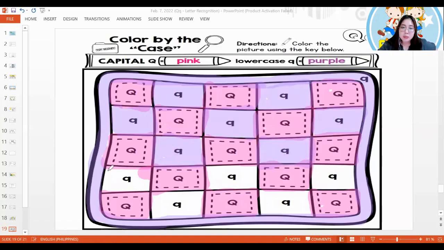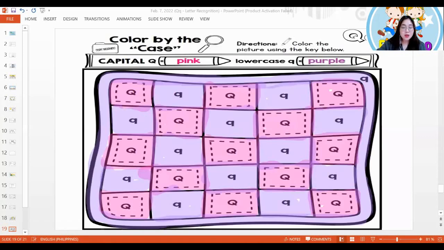Teacher Sarah has a blue, yellow, and red quilt. So I am almost done. And we can see our beautiful and colorful pink and purple quilt. And it starts with the letter Q.